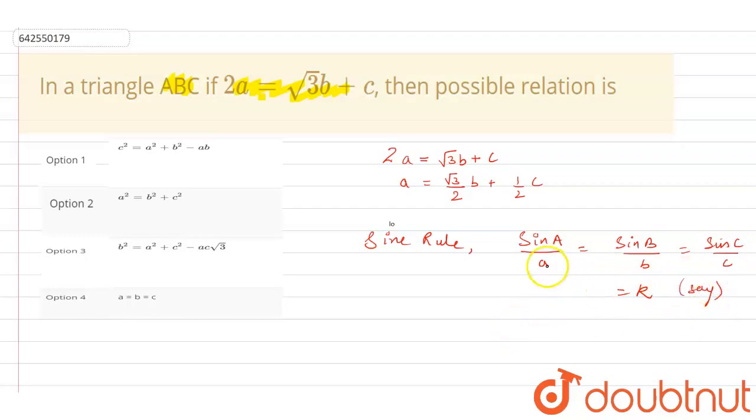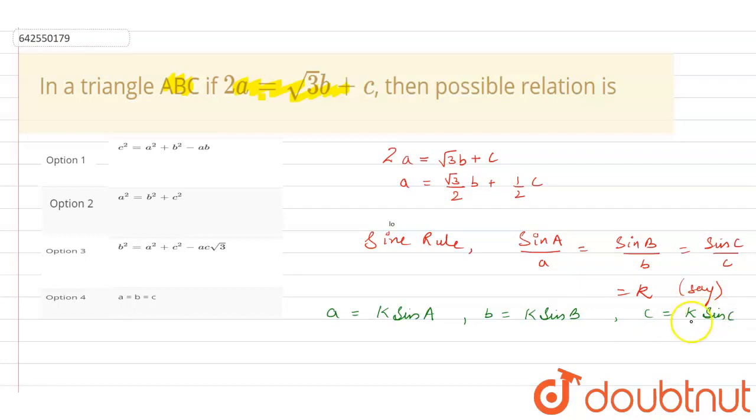From here we can find the values of a, b and c. So a will be equal to k sin A, b is equal to k sin B, and c will be equal to k sin C, right?